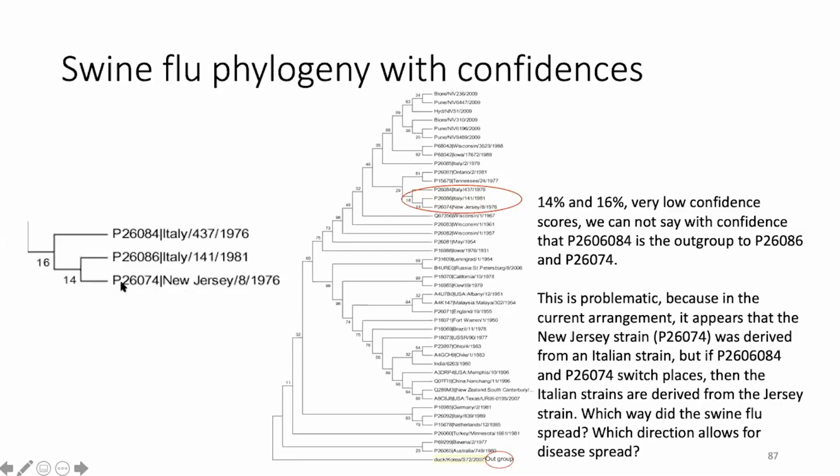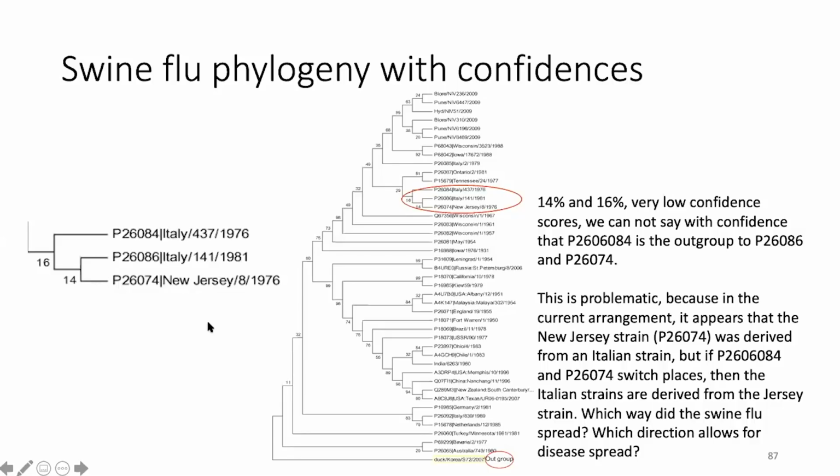And what this structure in the phylogeny would tell you is that there is an ancestral strain of bird flu that was in Italy, and that it was back here, and that at some point out here, when it was evolving and spreading, it then got transferred to New Jersey.